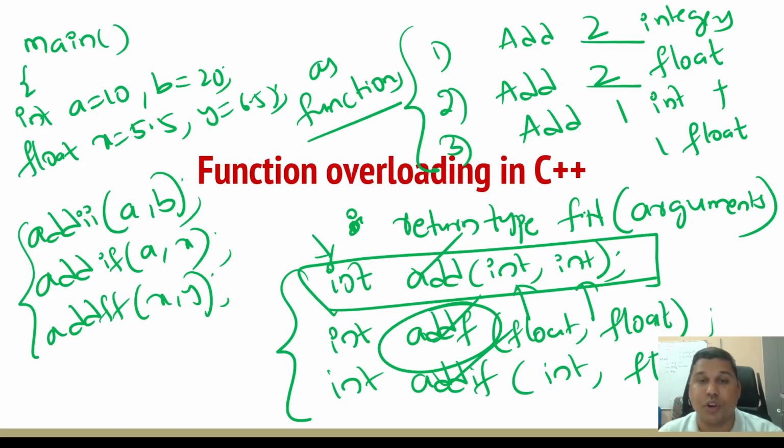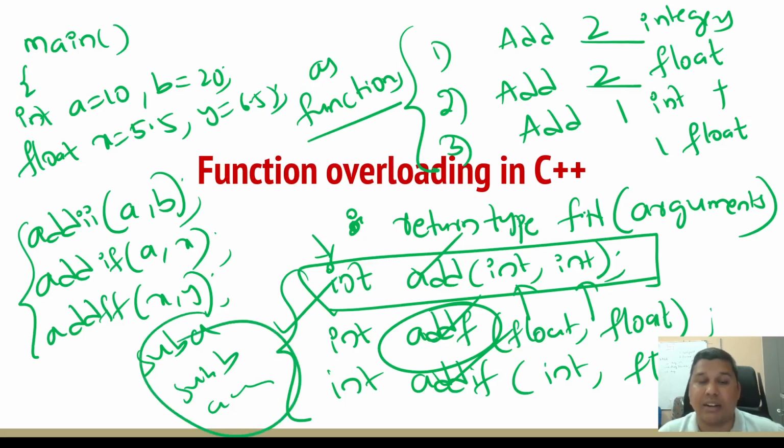It is unclear for me, right? Though I am adding two different numbers, still we are confused which function is used for which. Like this, add is there, and assume subtract is there, sub a, then sub b, then sub c, all similar.